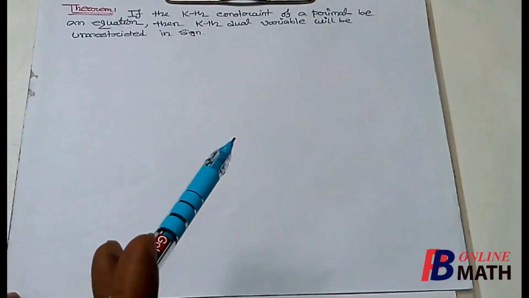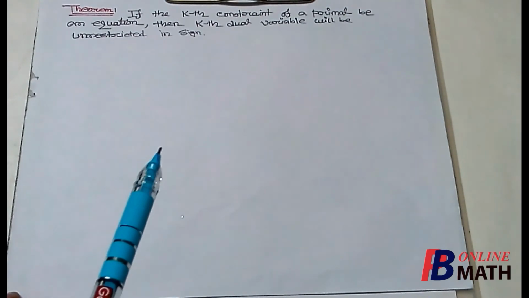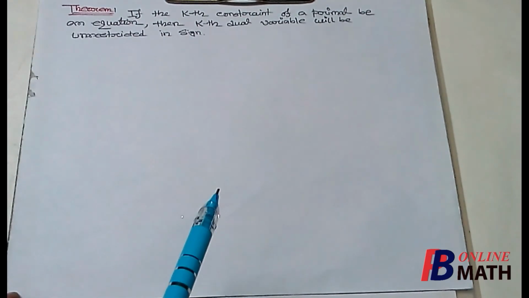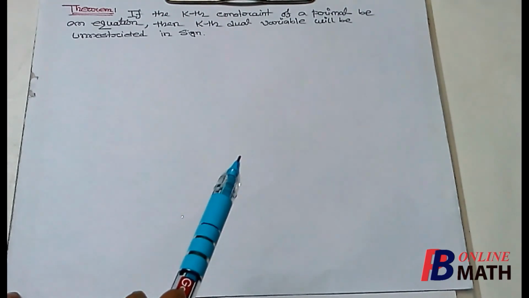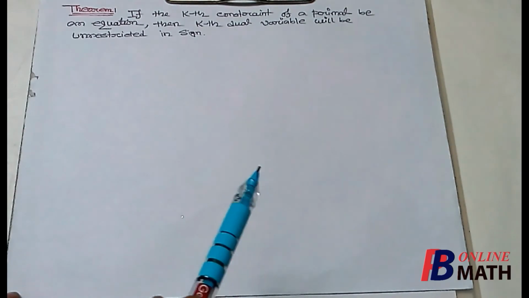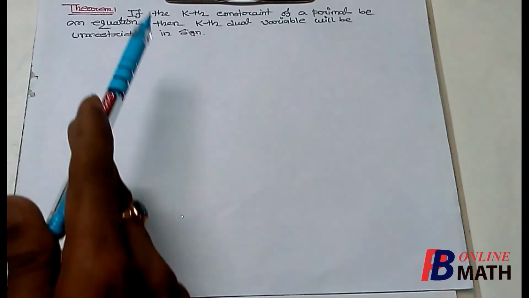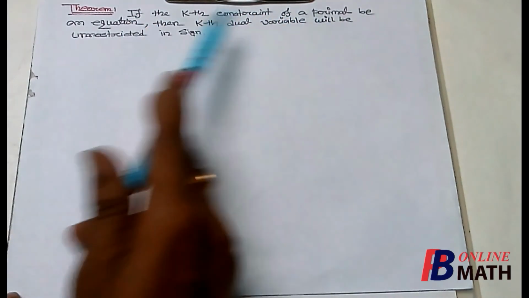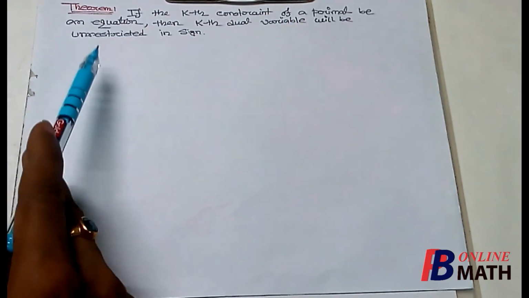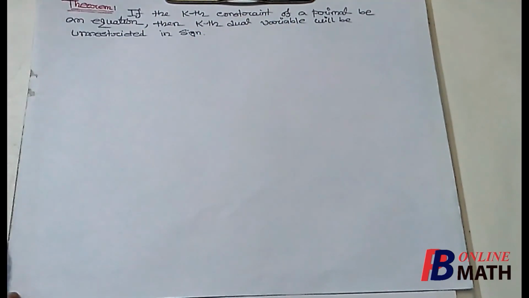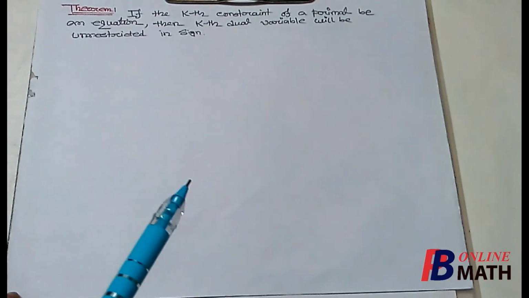As we have obtained in the previous example, the first constraint was an equation, and whenever we found the dual, we obtained that the first variable of the dual was unrestricted in sign. That means if we find any constraint of a primal to be an equation, then that dual variable will be unrestricted in sign. The statements of these two theorems are true. We have already obtained this from the previous example.